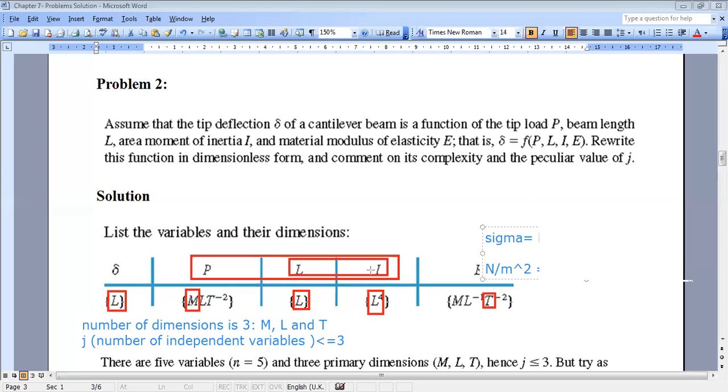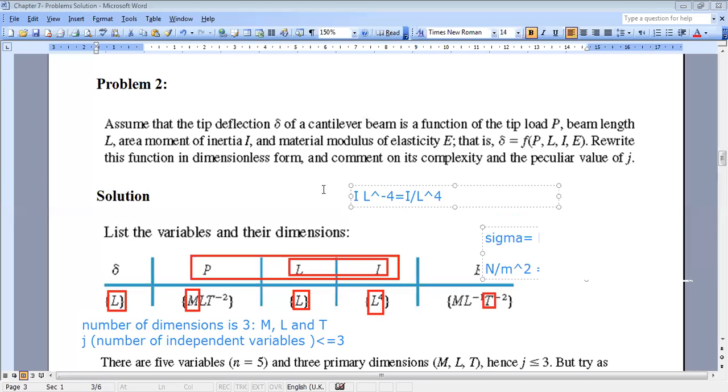What is the group between L and I? It's I times L to the power minus 4, because the unit of I is L to the power 4. So if you take this group I L^-4, it is without dimension, so this is I over L^4. So I found a group between these 3, so it will not work.